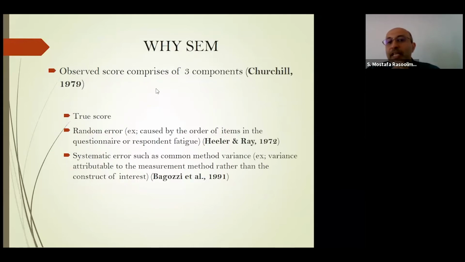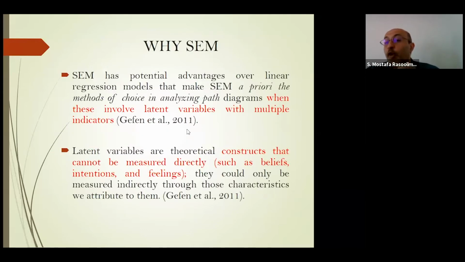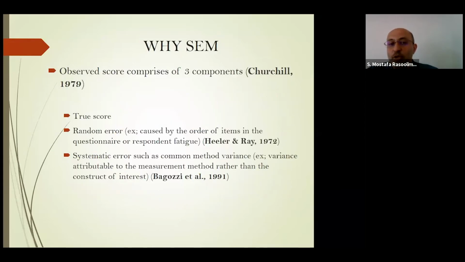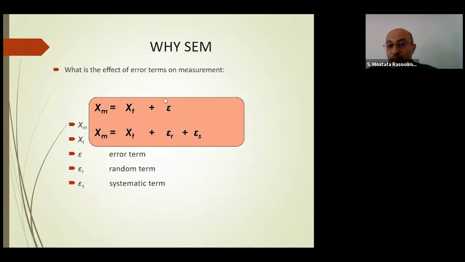So for a latent variable, when we apply first generation, we ignore this error. This error can come from random error or systematic error. So there are different sources for this error, but this error exists.